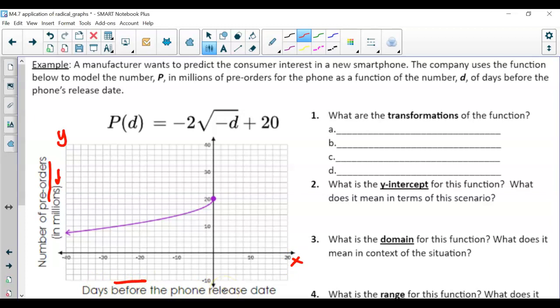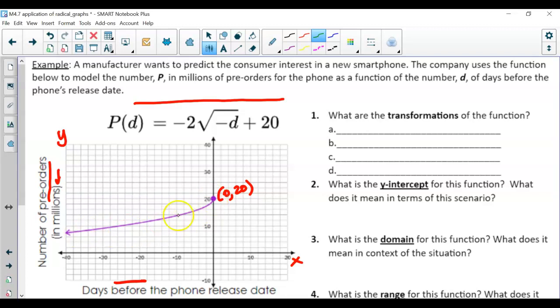So here, we're again going back to using our function. This is the graph here. Notice how we're starting at 0, 20. So this is the start of our graph. We'll get to that pretty soon, but just again, making sure we're good to go with the transformations of our function.